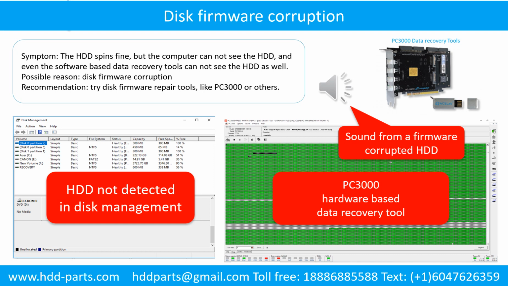Recommendation: try disk firmware repair tools like PC3000 or others. The following is the sound from one of the hard drives which experienced disk firmware corruption. It sounds like a good hard drive, but the computer cannot detect the hard drive.